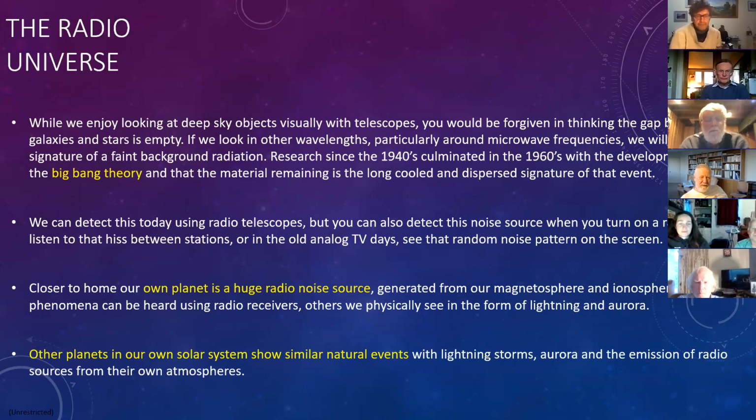We just generally see blackness. But that's only what our eye is seeing. If you look at our night sky in other wavelengths, particularly around the microwave frequencies, you will find the signature of a very faint background radiation.